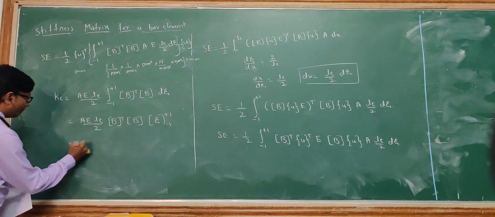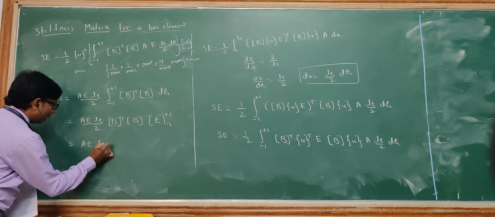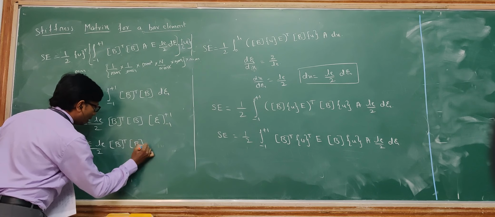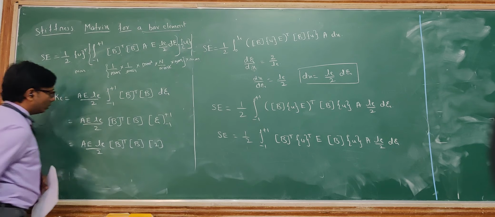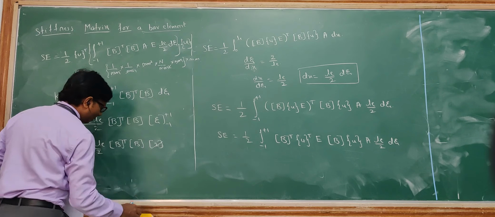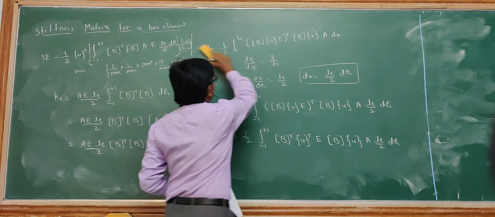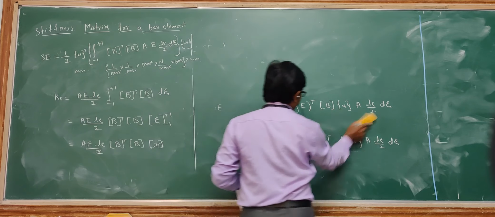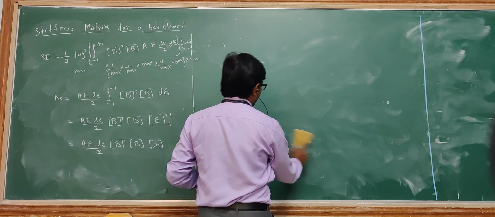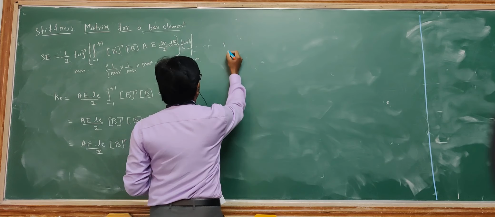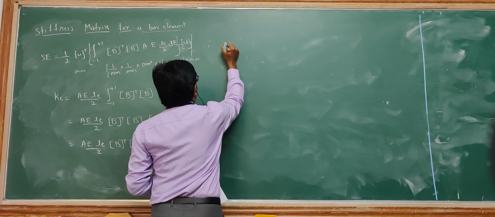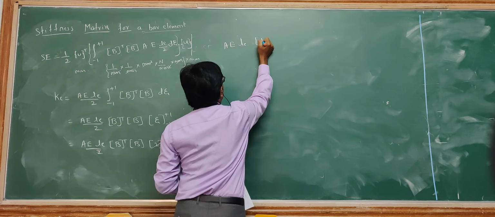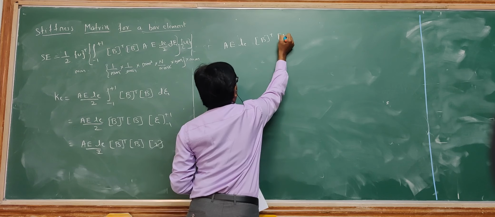So it becomes AE LE by 2 into B transpose into B, into 2. The 2 gets cancelled, and you end up with AE LE, B transpose into B.